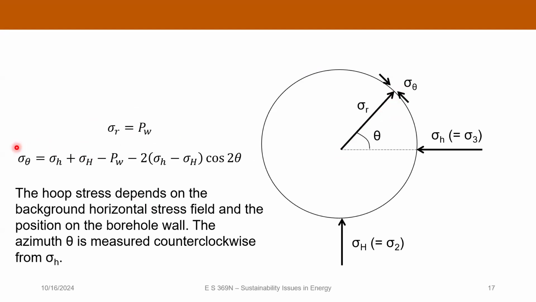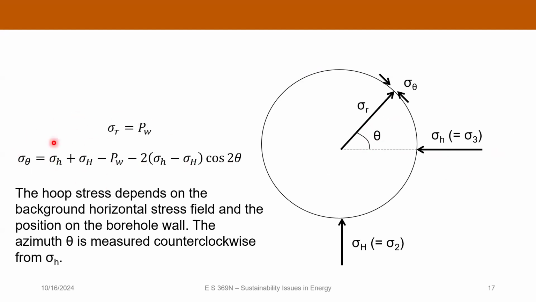And then the hoop stress is given by this function here. It depends on the horizontal stresses, the wellbore pressure, and the position where you are on the borehole wall. We define that position as a rotation counterclockwise from the minimum principal stress, and that gives us this expression here.